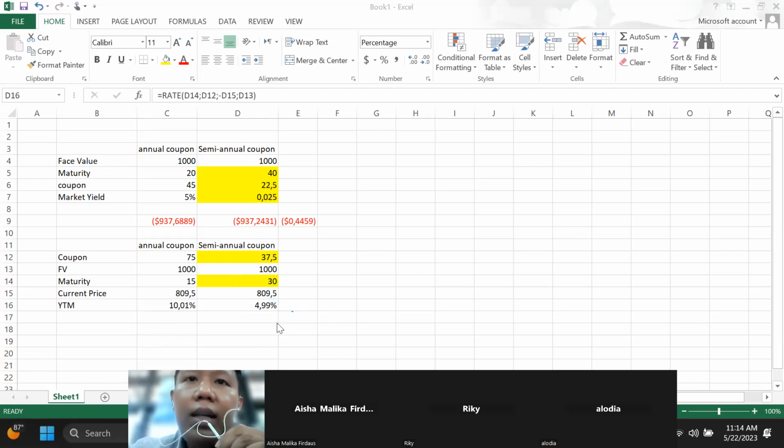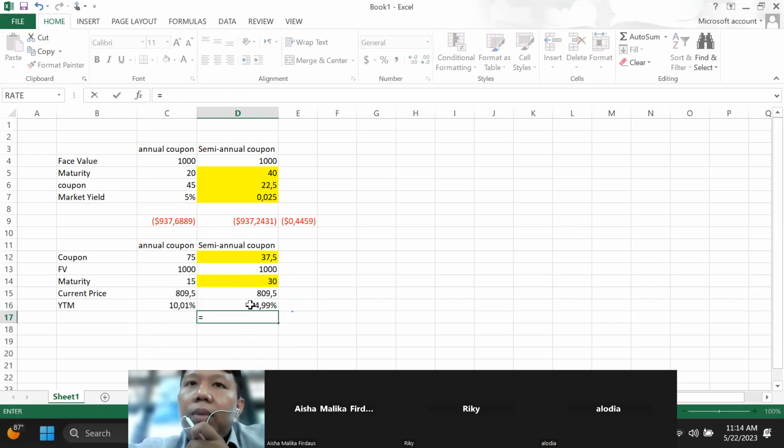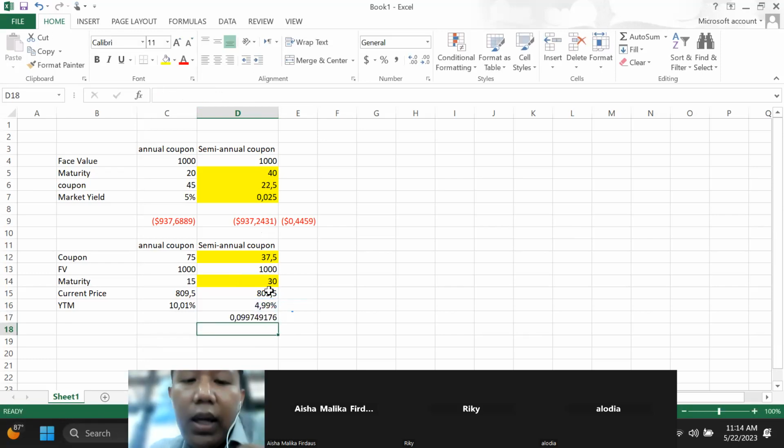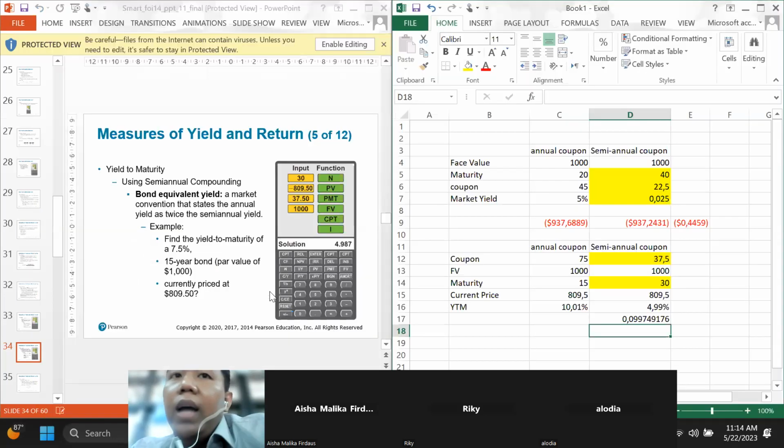So this is the yield to maturity for the semi-annual bond. If you want the yield to maturity for the annual period, then you just multiply this by 2, and then you will have the yield to maturity in the annual manner.